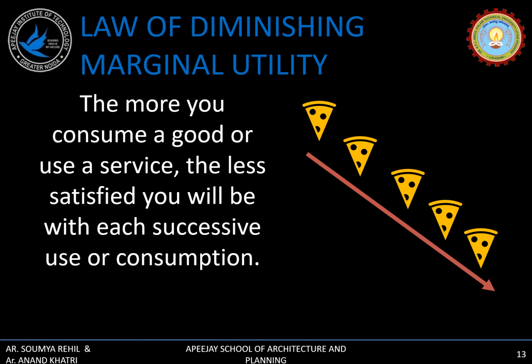As we saw in our previous example where we were consuming chapatis, with each new chapati you were less and less satisfied. Your marginal utility was decreasing with each chapati. That's what the law of diminishing marginal utility states.